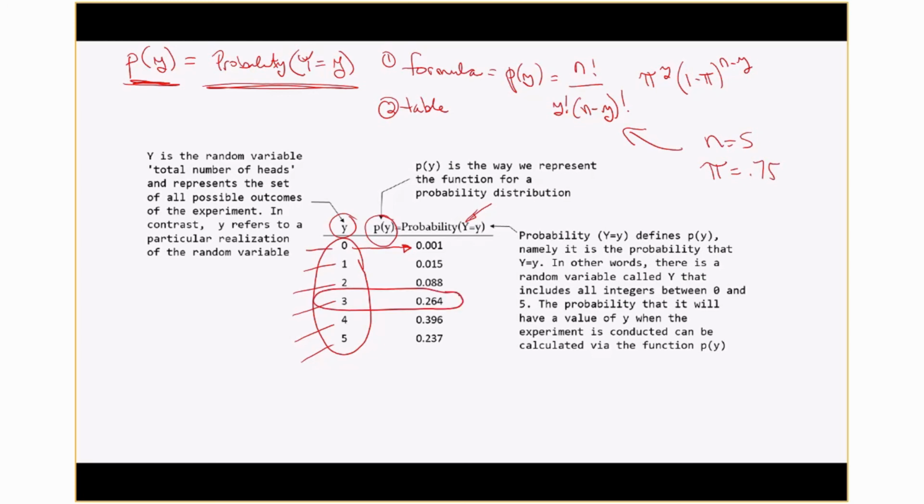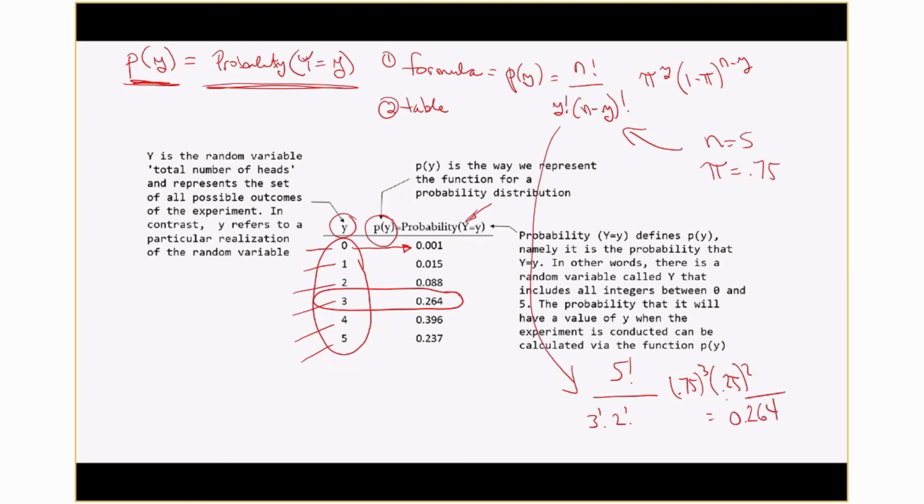Well, that just arose by taking this formula here, and plugging in 5 factorial, 3 factorial, 2 factorial, 0.75 raised to the 3, 0.25 squared, and that would equal 0.264.